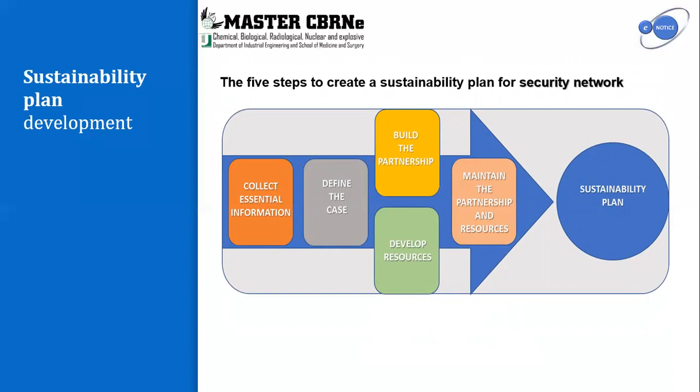So the last step of this procedure is the maintenance of partnerships, procedures and resources, because it's a sort of continuous activity to be developed. And then, of course, all these steps are part of the sustainability plan.